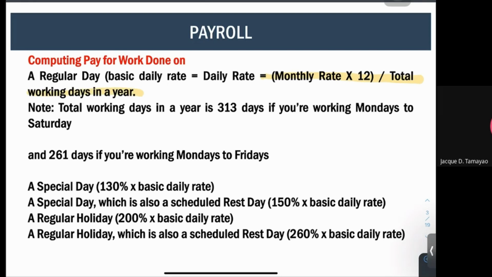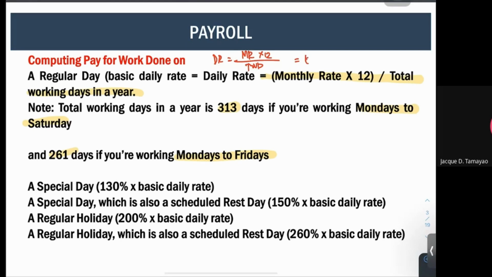This total working days in a year is 313 if you are working Mondays to Saturdays, and 261 if you are working Mondays to Fridays. Normally, we follow the 261 days, or Mondays to Fridays.